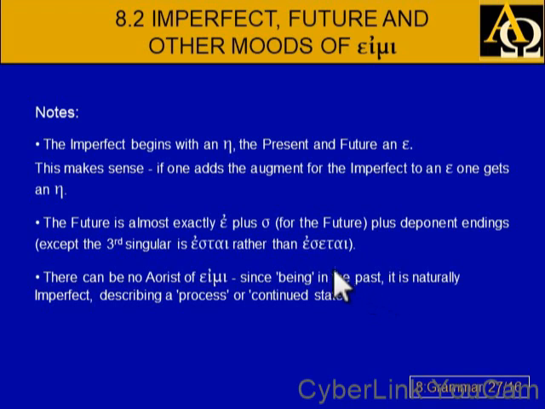The future is almost exactly like epsilon plus sigma for the future, plus deponent endings, except the second singular is estai rather than esetai. There can be no aorist of eimi, since being in the past, it is naturally imperfect, describing a process or a continued state. So we don't have an aorist of eimi. Very, very important.